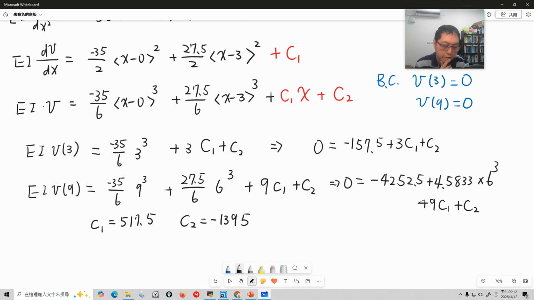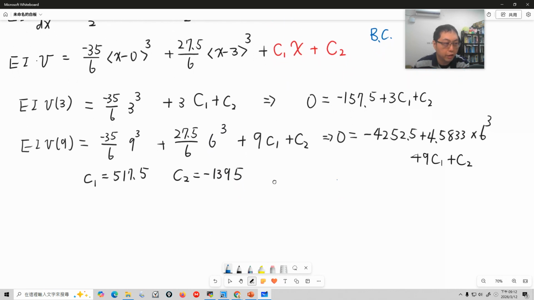So finally, what is our elastic curve? We need two equations: the slope of the elastic curve and the elastic curve.